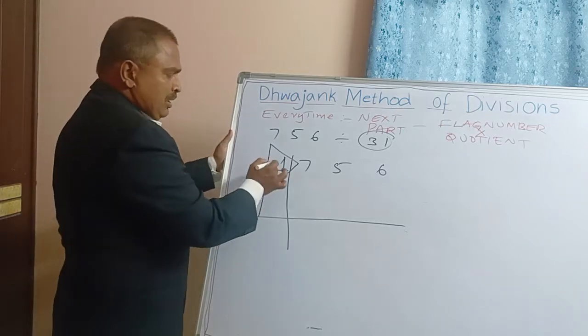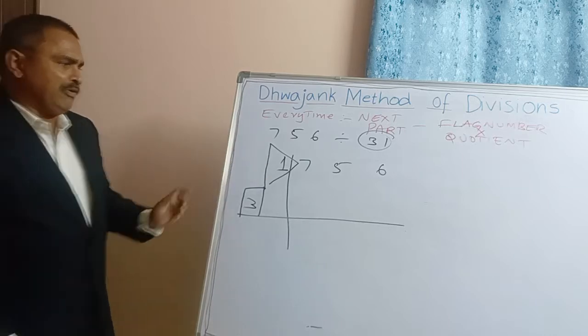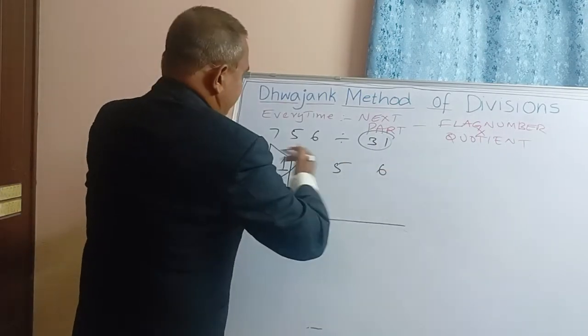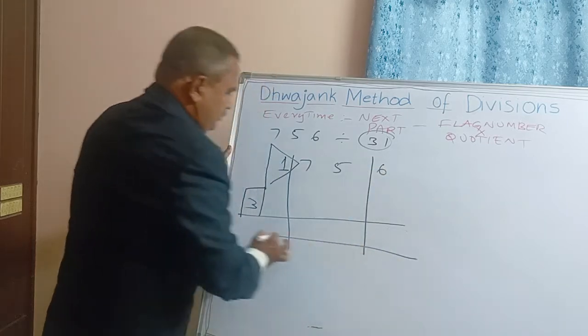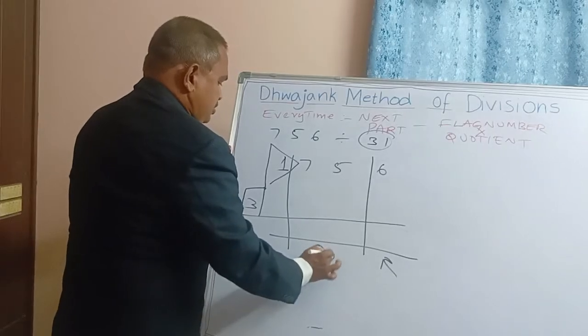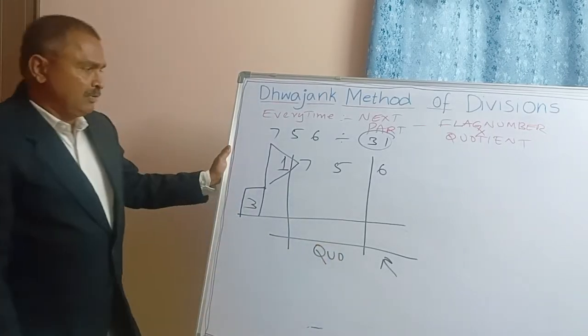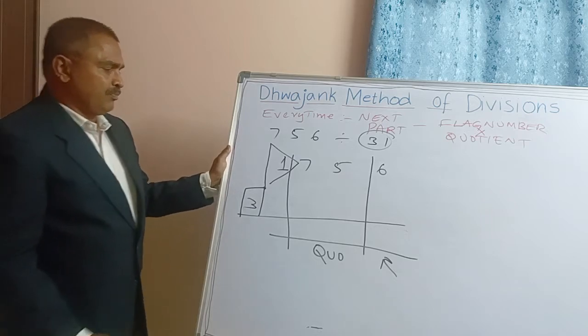Now, how many digits are there in the flag number? There is only one digit. So take one digit from the right side. This is the remainder box. This is the quotient box. Now, how to do the division?